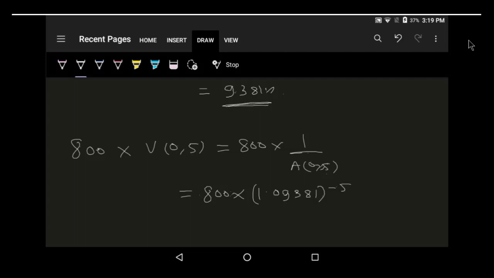So this amount will again be equal to the previous one, 510.96. So it is exactly the same whether you calculate it from method 1 or method 2.